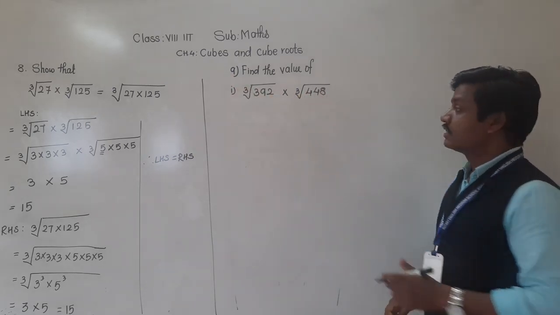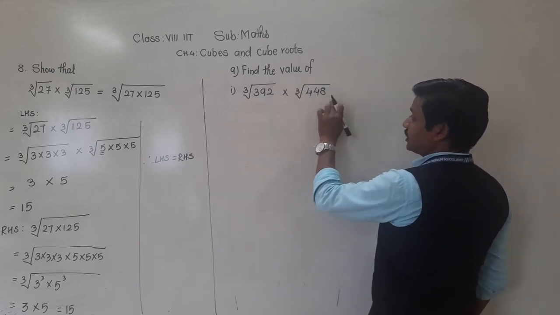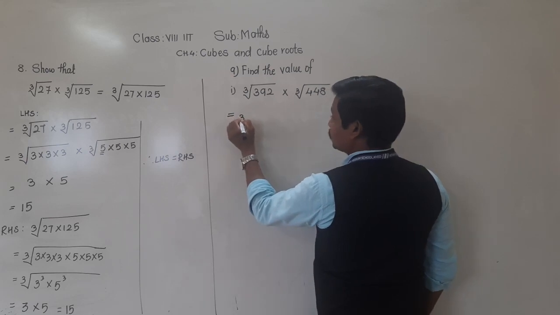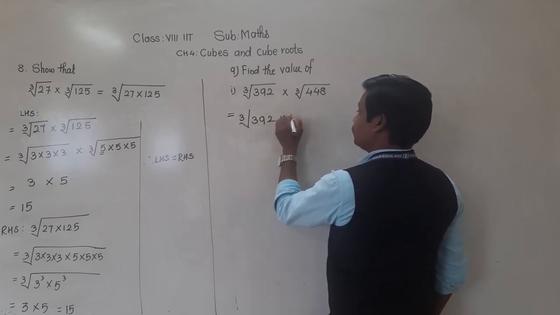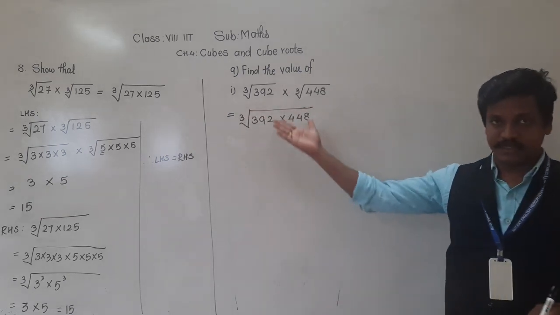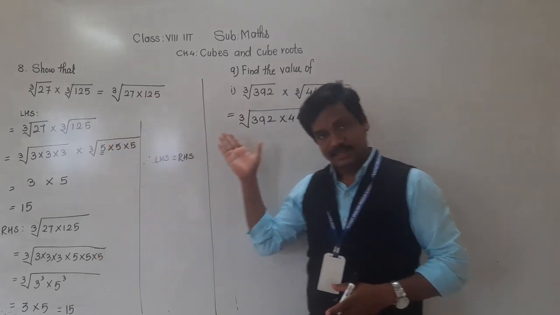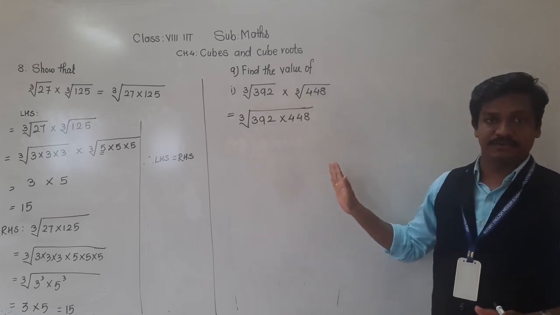Now you know that cube root of 392 into cube root of 448 can be written as cube root of 392 into 448. Am I right? This can be written together, since we have proved that their value is equal anyhow.